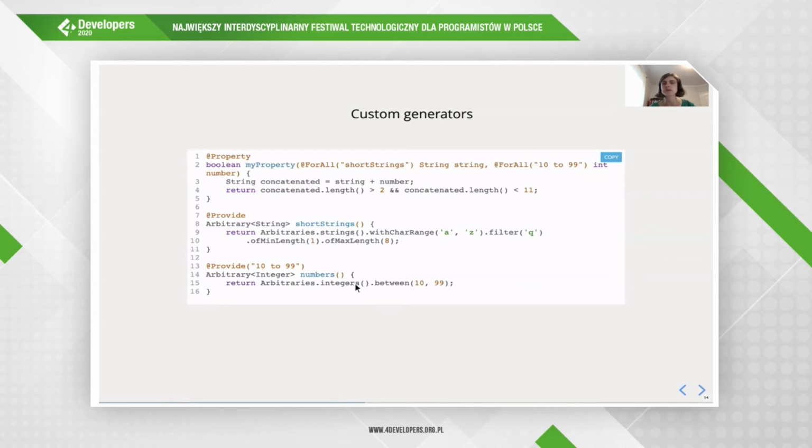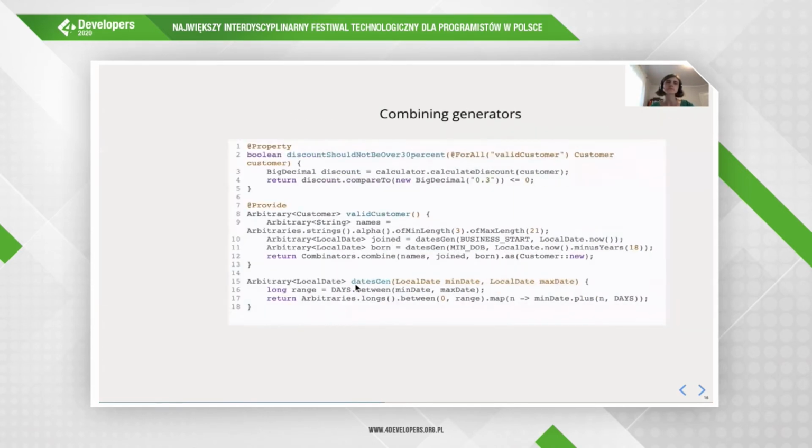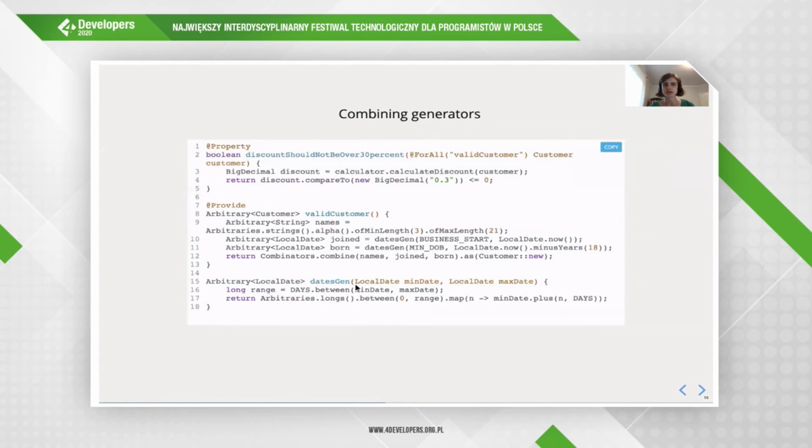But what happens if your data is more complex? For example, as our customer type. You can combine generators, and that's something I will show here. Here I need a generator for the customer type, and we know that the customer had a name and 2 dates.